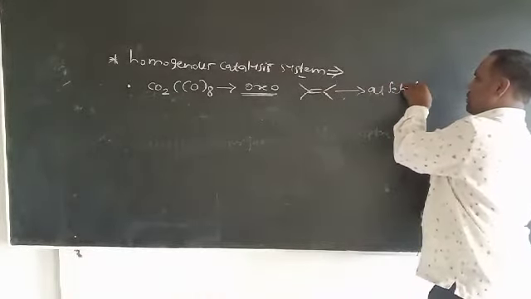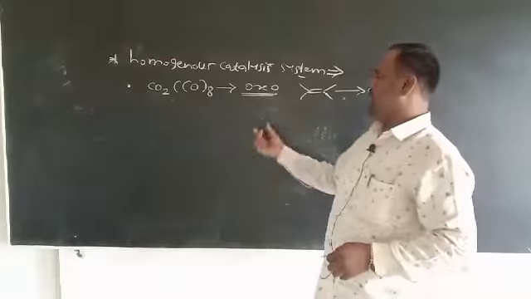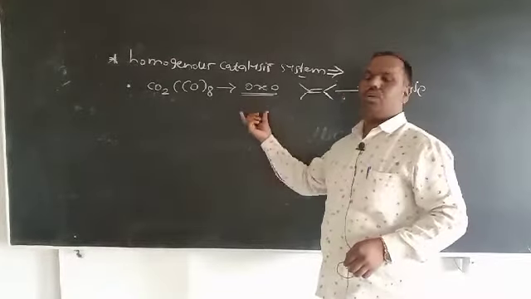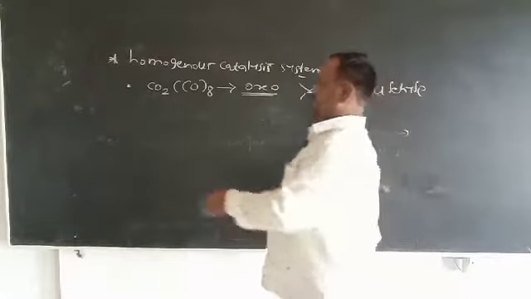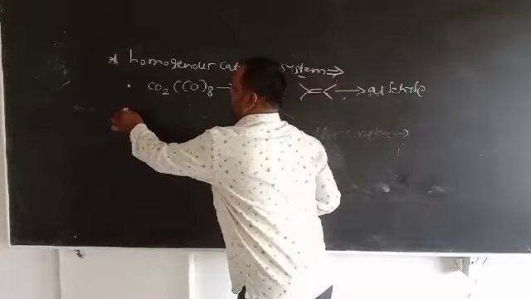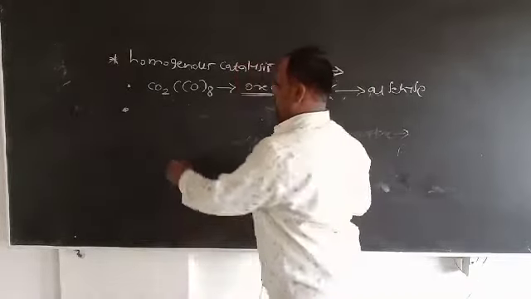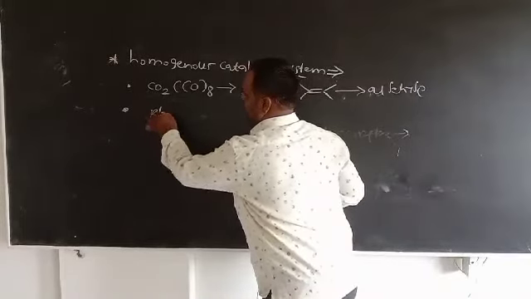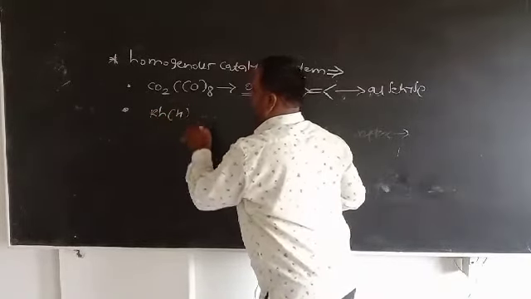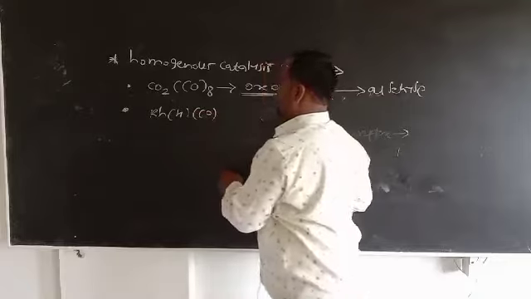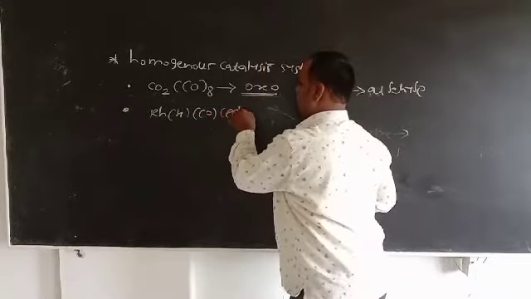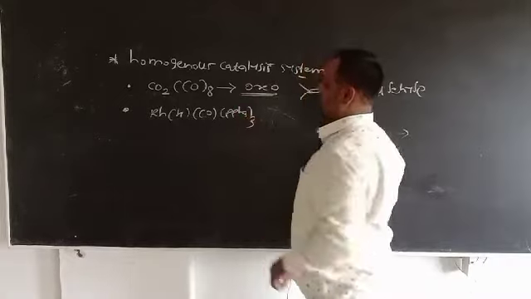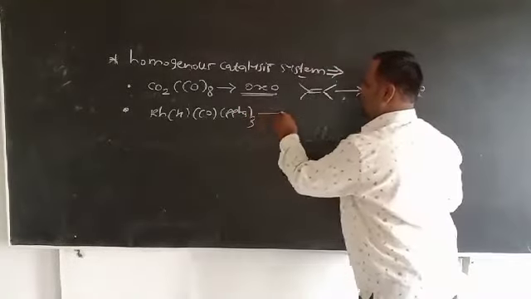So this is used for conversion of alkenes into aldehyde, the oxo process or hydroformylation: dicobalt octacarbonyl. Another organometallic complex of rhodium, that is RhH(CO)(PPh3)3, is also used in the oxo process.